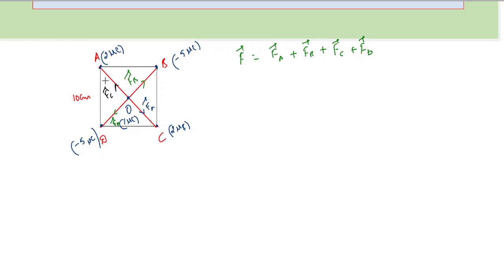Now observe carefully, the magnitudes of forces Fa and Fc are equal because these two charges at A and C have the same value and the distance also remains the same from AO or OC. Therefore, Fa is equal to Fc in magnitude but in different directions. So these forces Fa and Fc will cancel each other.